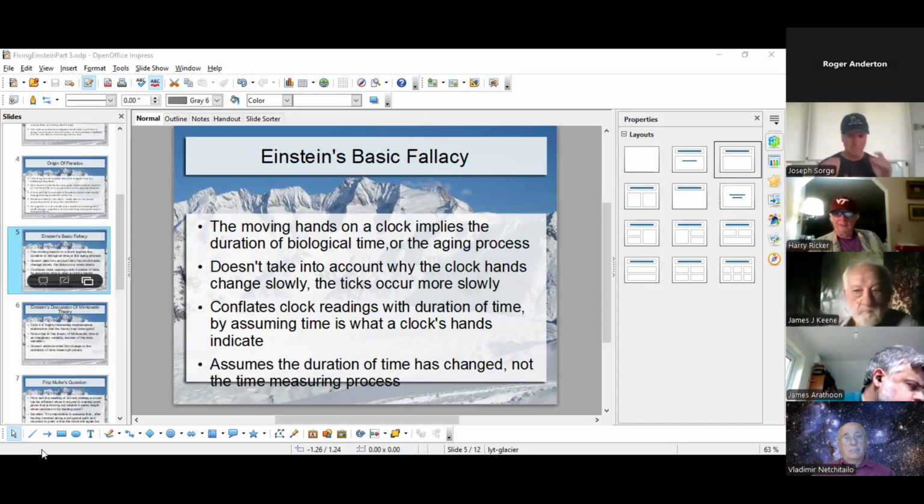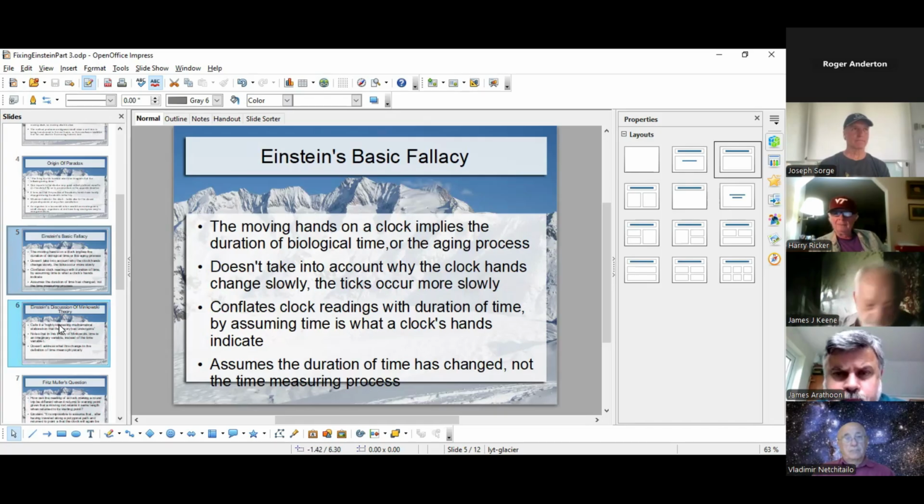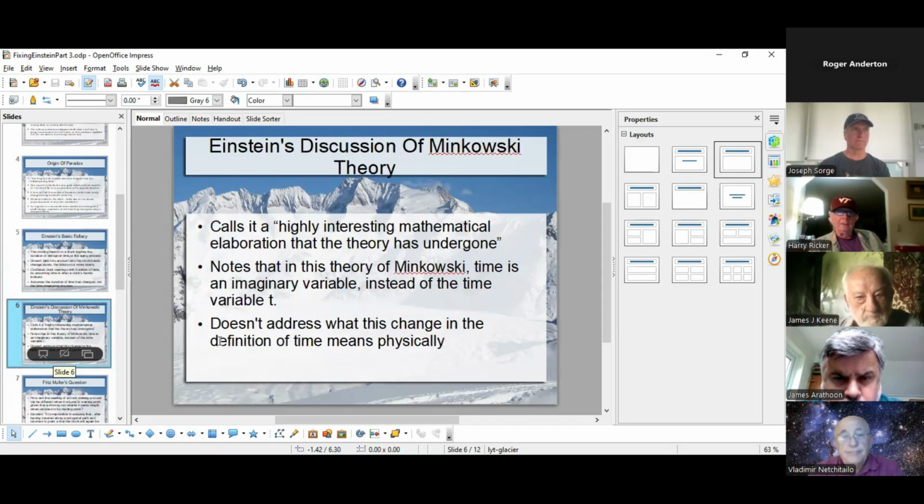So what I mean by that is he didn't really look at why the ticks are longer. Okay. Well, if the ticks are longer, there's fewer ticks, then doesn't that mean that the ticks are longer? But he assumes that the time of the ticks doesn't change. So in other words, the duration of each tick, according to Einstein, doesn't change. Okay. So fewer ticks means less total time has elapsed. We're going to find out that's not true.